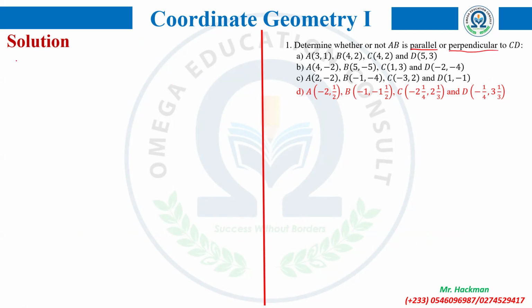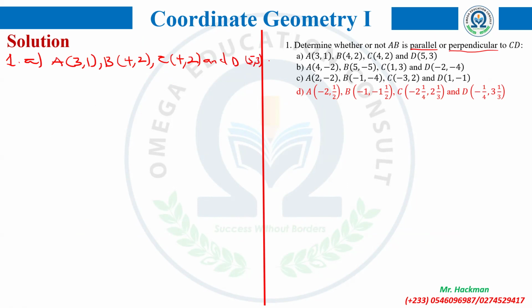Let's extract the given points. A is (3, 1), B has the coordinate (4, 2), C has the coordinates (4, 2) as well, and D will be (5, 3).